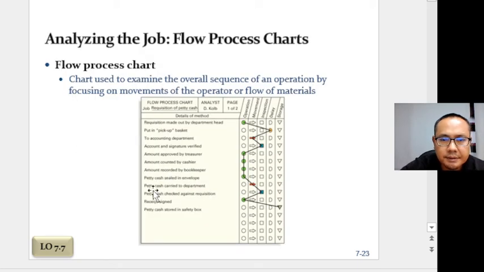And then this is a process flow chart. Flow process chart, maybe we can use it as well. You can see the prompts: operation, movement.